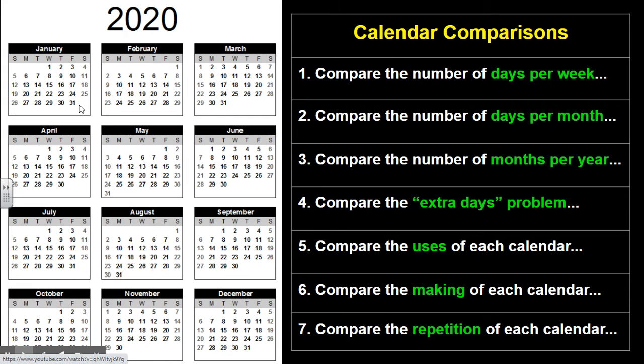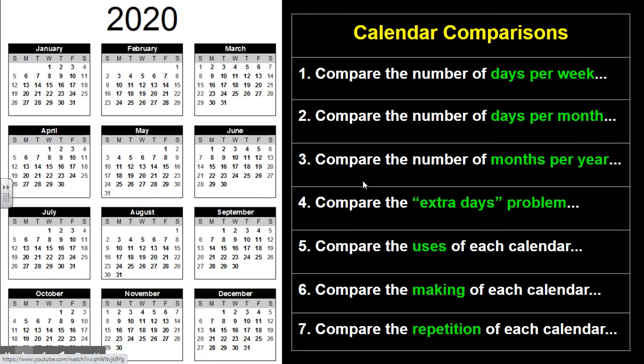Some months have 31, some months have 30, and February has a shifting 28 days, and then every 4 years, 29 days. So when you're comparing the days per month, you can say any number of things, right? The Mayans had 20 days. We have 28, 29, 30, and 31, depending on the month. So anything like that would be a perfectly fine answer.